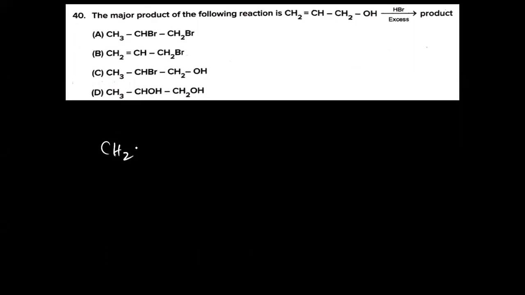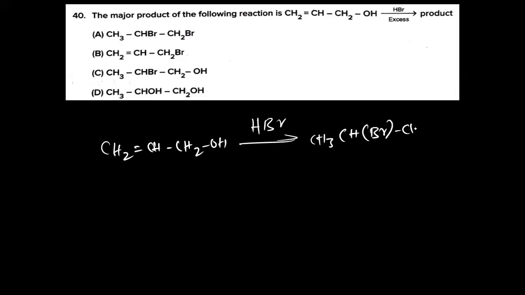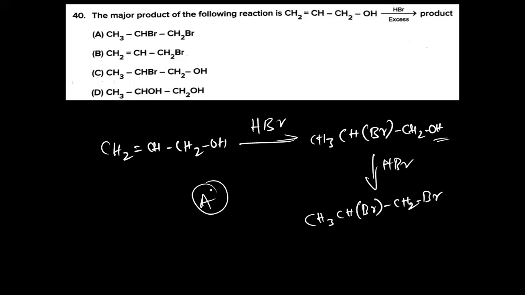Let me write the reaction: CH2=CH-CH2OH on treating with excess HBr gives CH3CHBrCH2OH, an intermediate compound, which, since excess HBr is stated, we treat with HBr one more time to get CH3CHBrCH2Br. The OH group is replaced by Br. So for question 40 it is option A, CH3CHBrCH2Br.